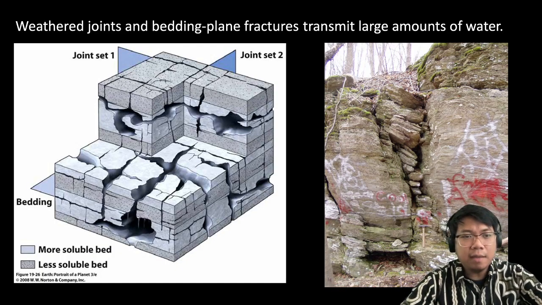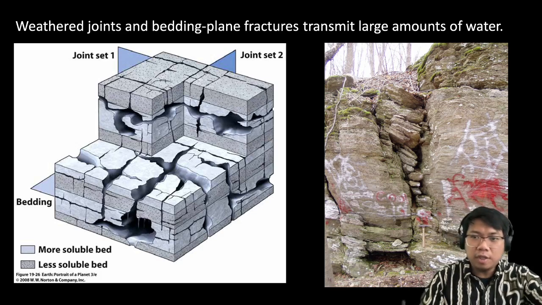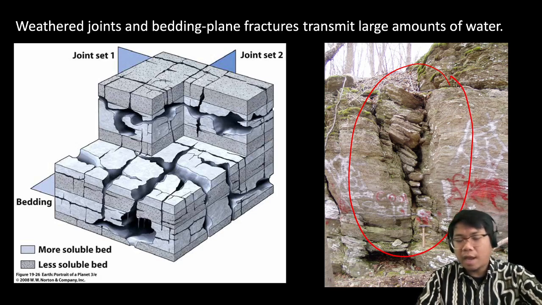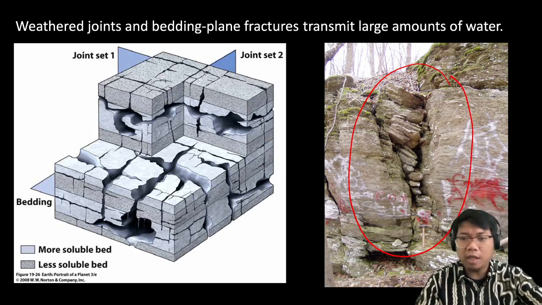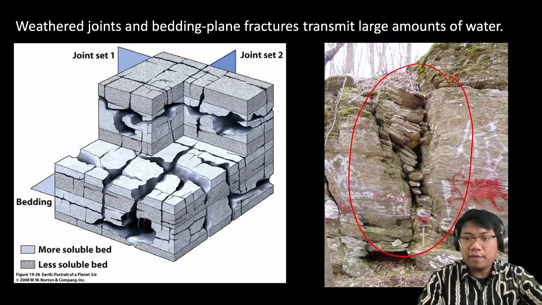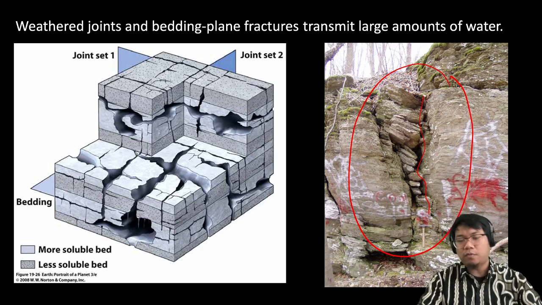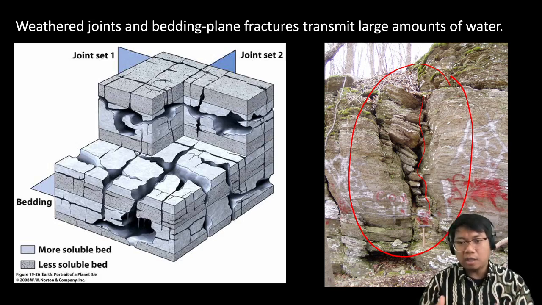And here is an example of weathered joints and bedding plane fractures that can transmit large amounts of water. So this is what it looks like in nature right here. Even though crystalline rocks commonly have a very low porosity and permeability, as long as we have these fractures within rocks, these are basically also open spaces within the rocks that the water can occupy.